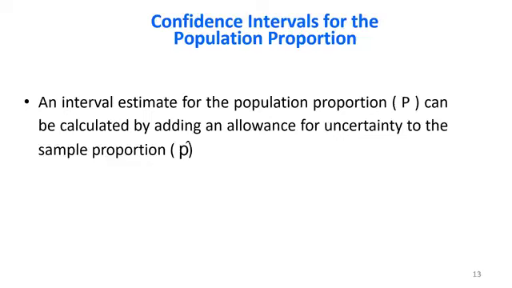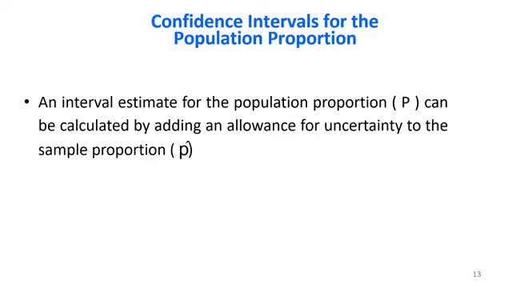Okay, so if I have to comment on the proportion in any scenario, I will use this technique, where I will use the sample proportion, and based on the sample proportion, I'll calculate the confidence interval for the population proportion. It would be exactly the same way we have done it for mean, but here the formula may change a little bit.